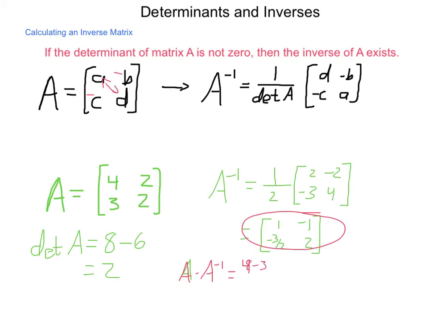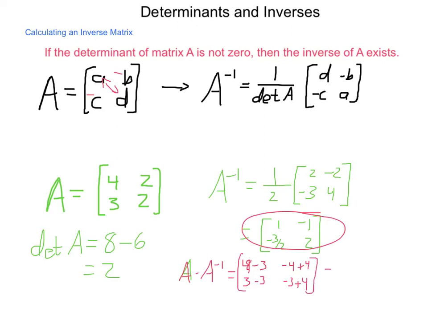Next, row 1, column 2. 4 times -1 is -4. 2 times 2 is +4. Row 2, column 1: 3 times 1 is 3. 2 times -3 halves is -3. Row 2, column 2: 3 times -1 is -3. 2 times 2 is 4.